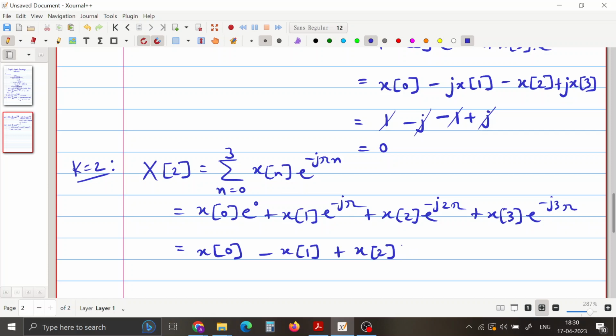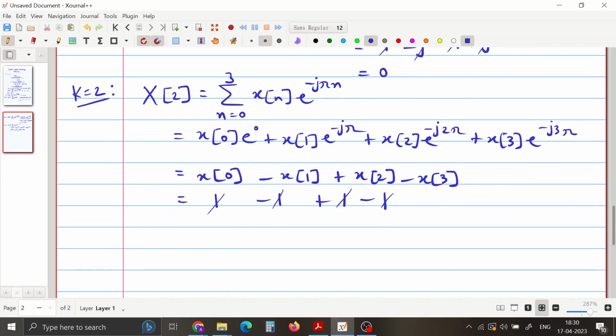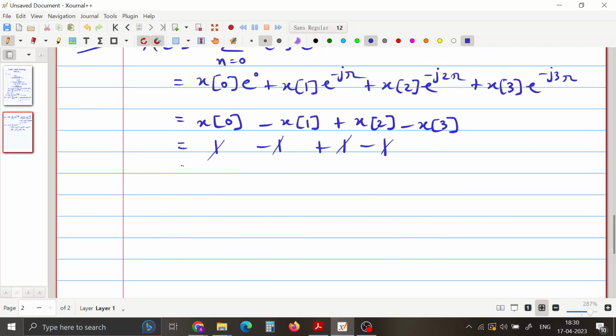So what will be this last term here? e power minus j 3 pi is again minus 1, so we will have minus x of 3. Now just put 1. Again, see, all of them cancel each other and we get 0.